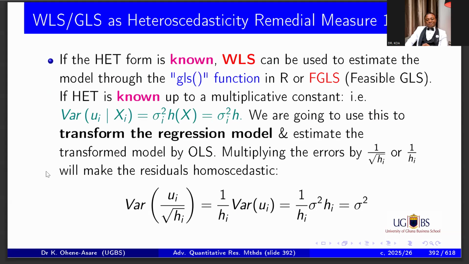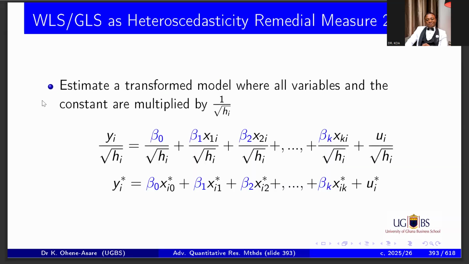Now, the last one, how do you correct it? The last one is using not OLS again, but weighted least squares, WLS. One thing I can tell is that the WLS, also called the feasible GLS, are all still a bit of manipulation of the original model, and then using that manipulated model to solve this.